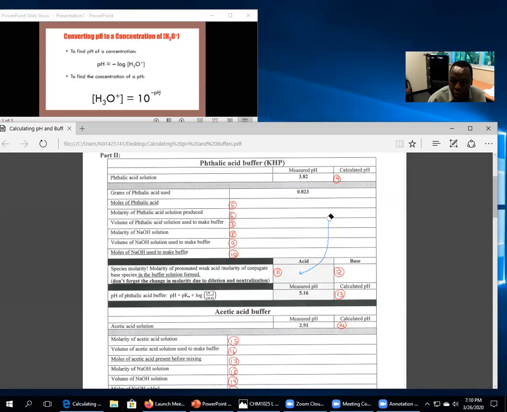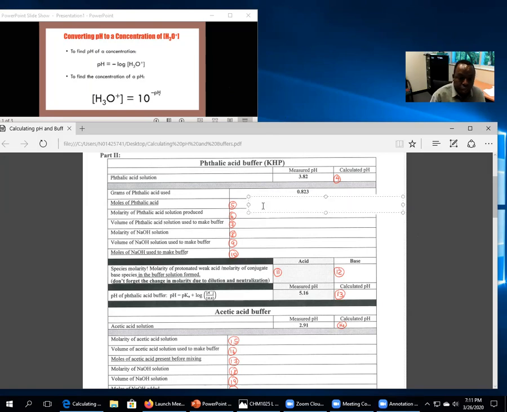Now, having gone through that, what will happen to number 12? Number 12 is when you add NaOH, a strong base. The total number of moles of NaOH added into the weak acid will convert the number of moles of the weak acid to conjugate base. So basically, it is the number of moles of the conjugate base over the total volume, which is this for line 12.